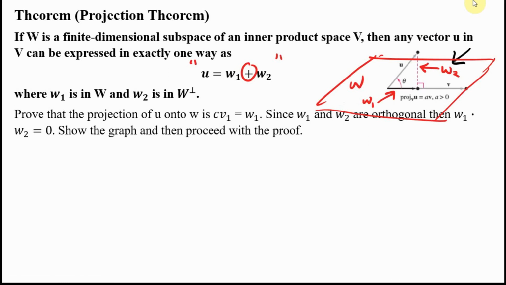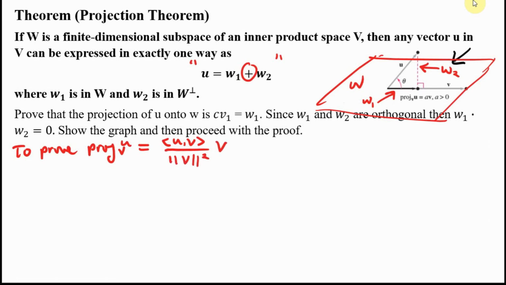So that's the key to trying to prove the idea of the projection. Now, here the goal is to prove the projection of u onto v is indeed the inner product of u and v divided by the norm of v squared times v.